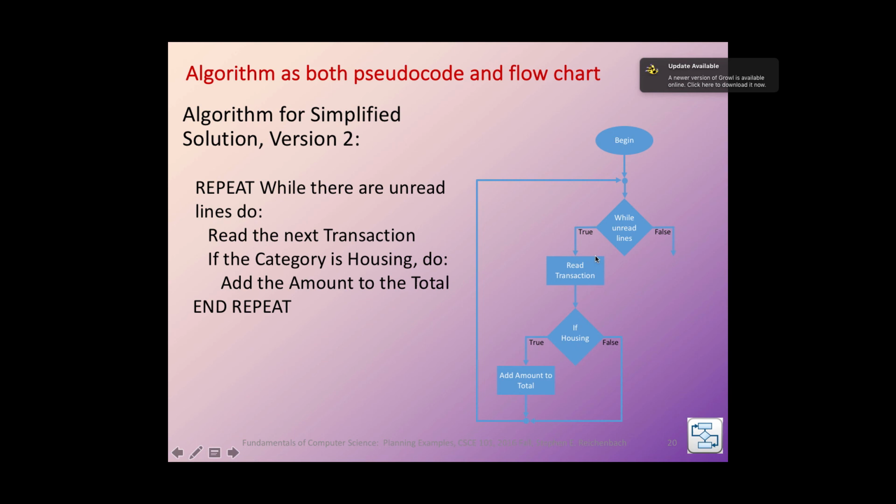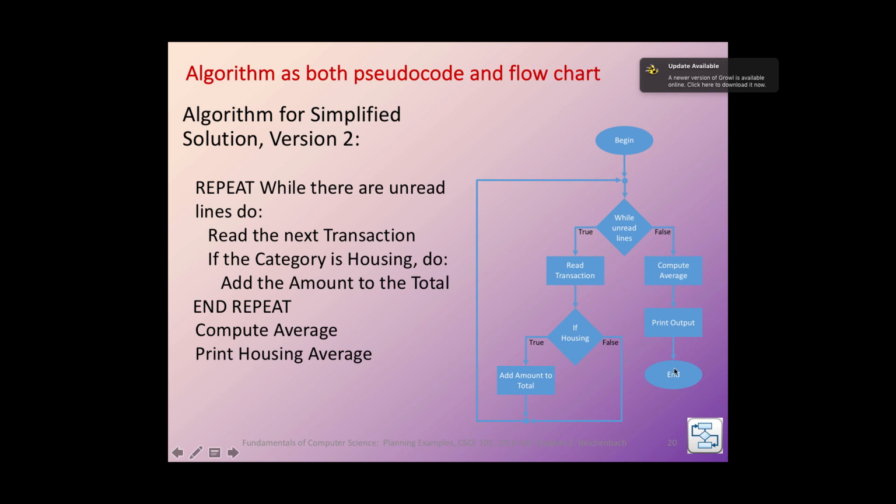This loop will be repeated until there are no more lines to read. And in some cases, it's not going to be a housing transaction, and so you're just skipping the step where you add to the total amount. Okay? But as soon as there are no more lines to be read, this will come up as false, and then you head out this way where you compute the average and then finally print out the output.